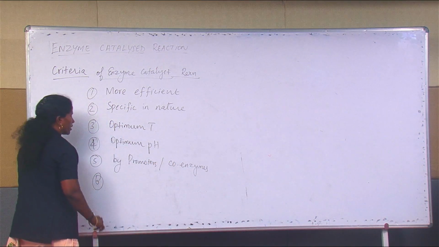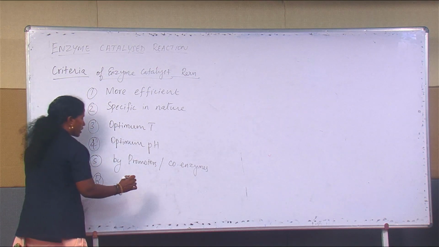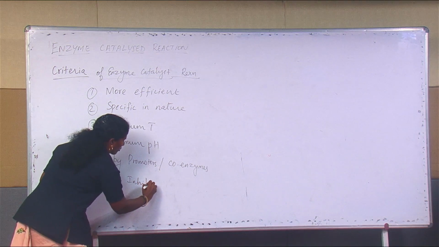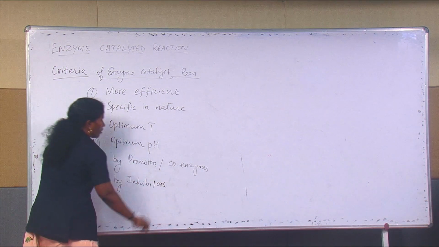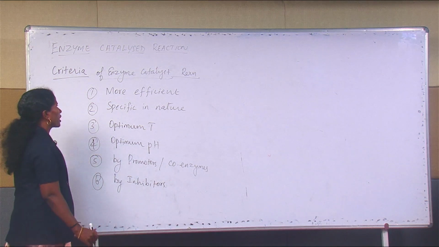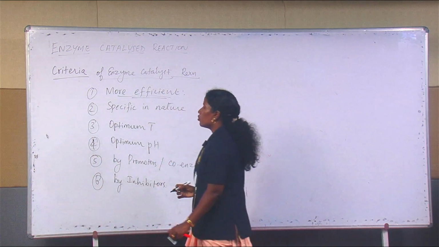Sixth point, enzyme catalyst reactions are poisoned by inhibitors. These are some main criteria of enzyme catalyst reactions. The first point we are going to see in detail: more efficient.